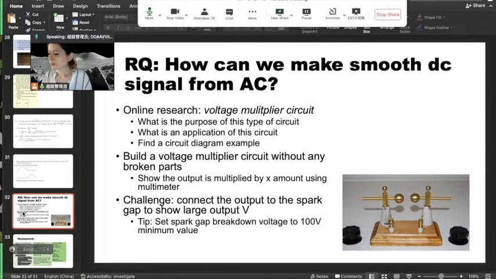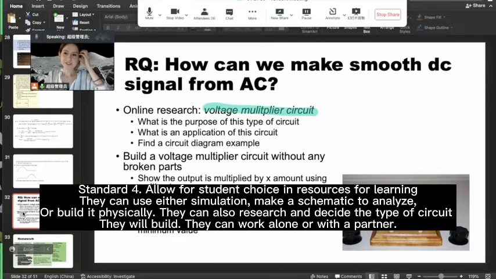Look up a type of circuit called a voltage multiplier circuit. These are actually simpler to build than the full wave diode bridge. They are called voltage multipliers because they rectify, making AC into DC, and also increase the output voltage like a transformer does.